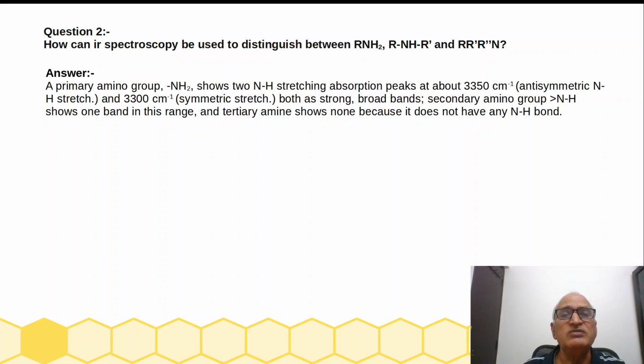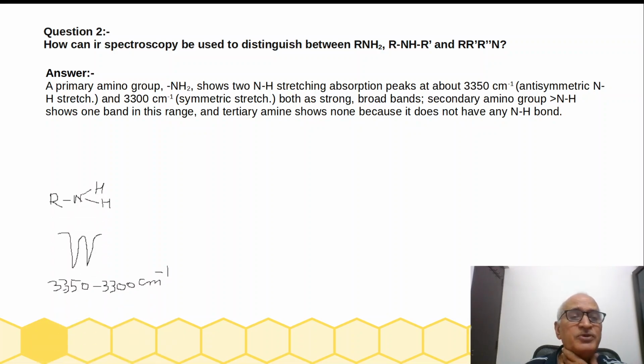So the region is the same, both absorb near about 3300 reciprocal centimeters, but the acetylenic compound absorbs as a weak peak, whereas the amino compound absorbs as a strong peak. One more difference can be quoted. If there is a carbon triple bond carbon, then a weak peak should also appear around 2100 reciprocal centimeters. On this basis, acetylenic compounds can be differentiated from amino compounds.